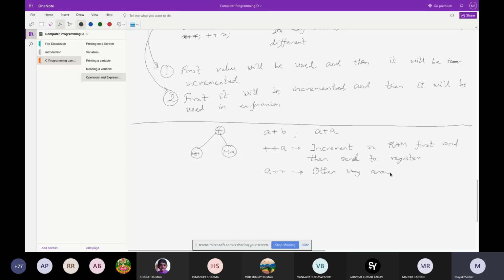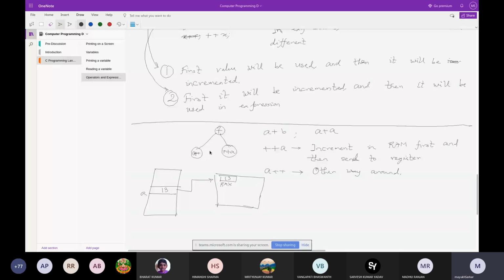Now, if plus plus a gets evaluated first, 12 will become first 13. Then it will be sent to the register. So if this is the RAM and this is the a sitting here, a will first become 13 and then it will be sent to the corresponding register. Suppose it is sending to certain register, say RAX.